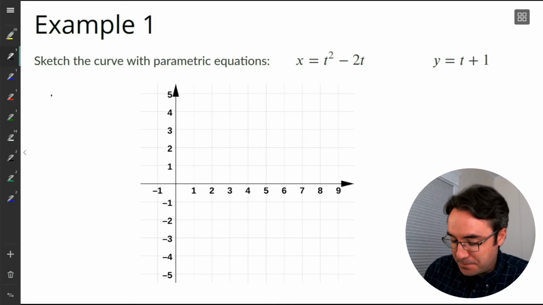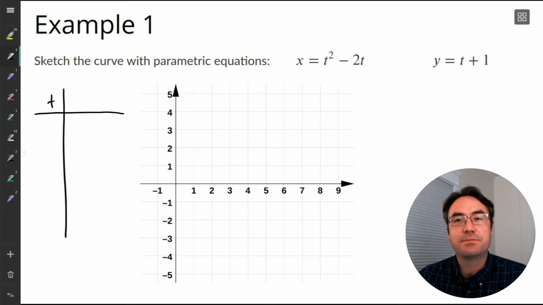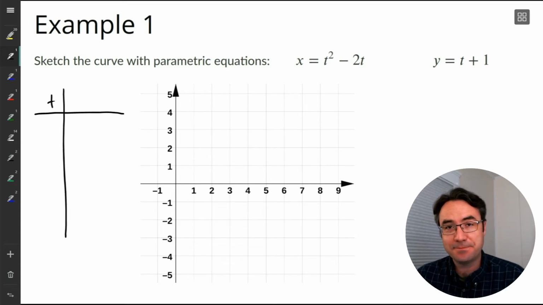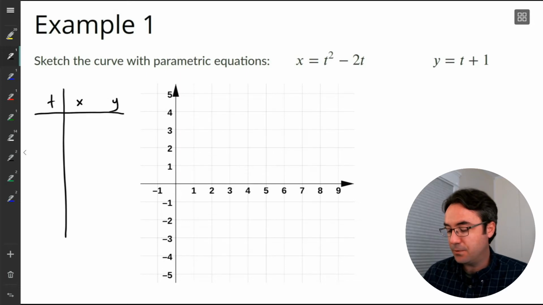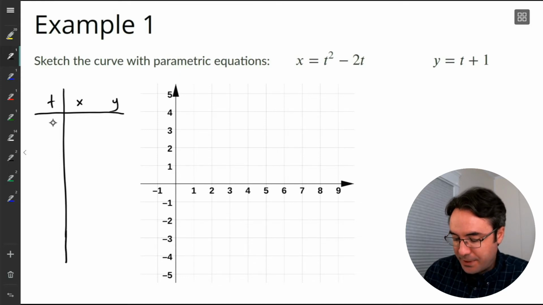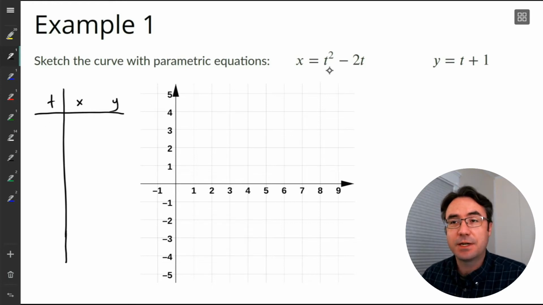So let's do a little table here. We're going to have our t, our different time values, and then we'll look at the different x and y values, plugging them into these two equations. We can plug in any t values that we want, as long as it's defined when we plug it in.